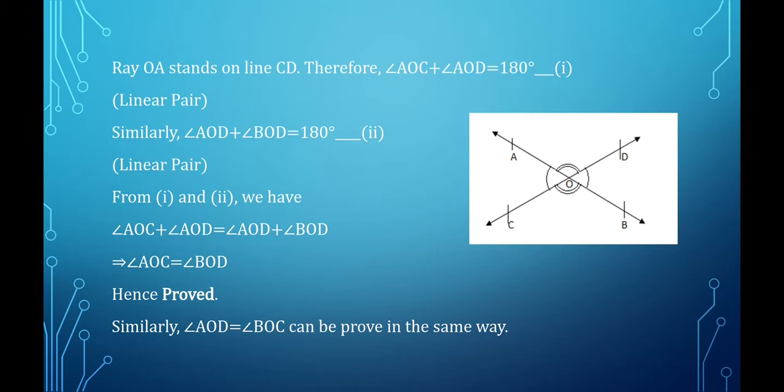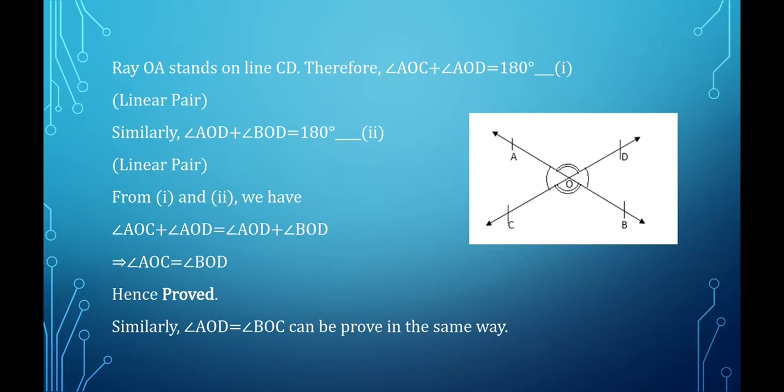This is called a linear pair. Similarly, AOD plus BOD is also 180 degrees. Why? Now ray OD lies on the line AB. So as per the linear pair property, angle AOD plus angle BOD is 180 degrees. That is also a linear pair.